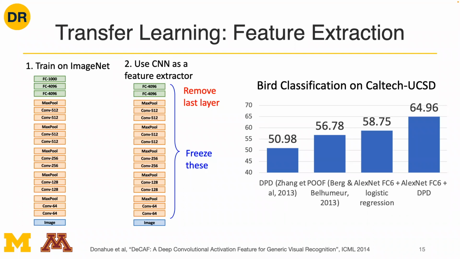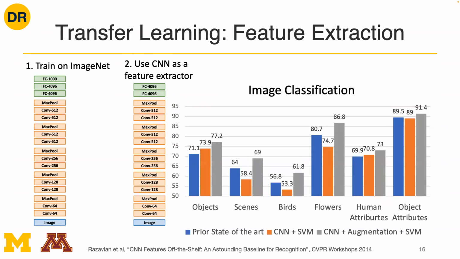In the same paper, there are a bunch of analyses that talk about how this idea of using CNNs for feature extraction followed by a classification gives you better accuracy. This has also been shown on many other datasets and many other tasks. For instance, here, prior to the state of the art, the plots that you see for object classification, scene classification, birds, flowers, human attributes, the blue bar is the accuracies.